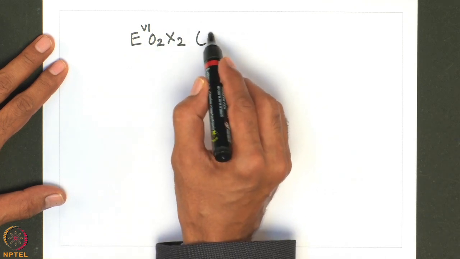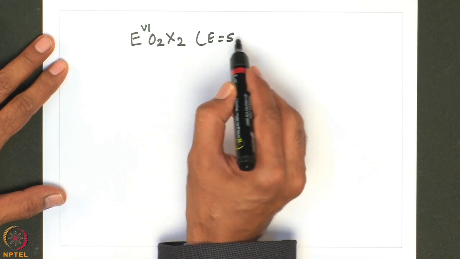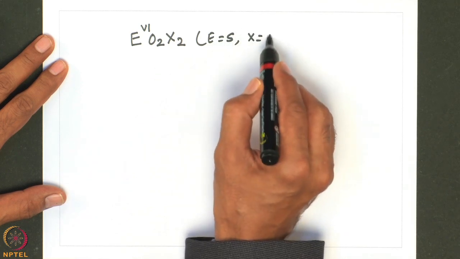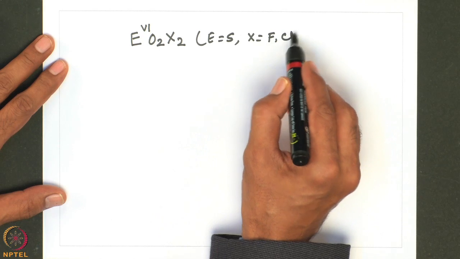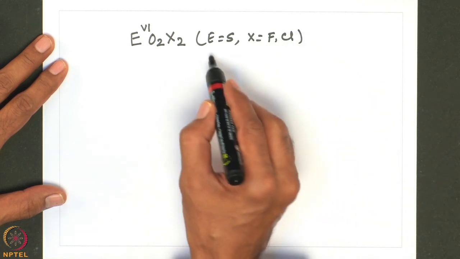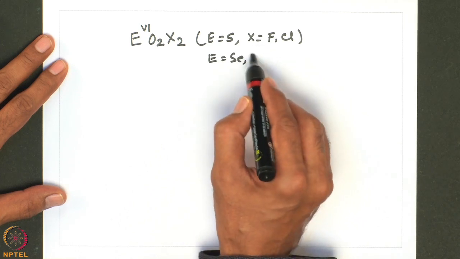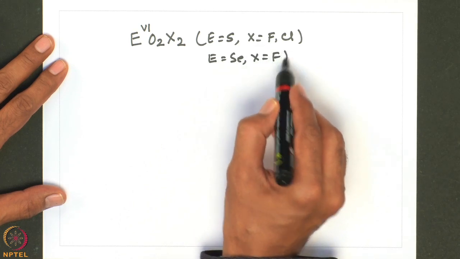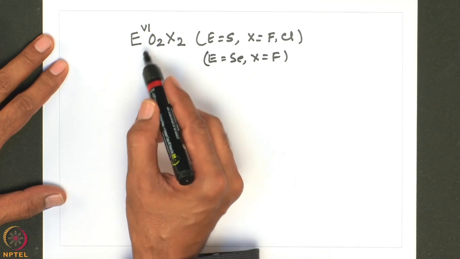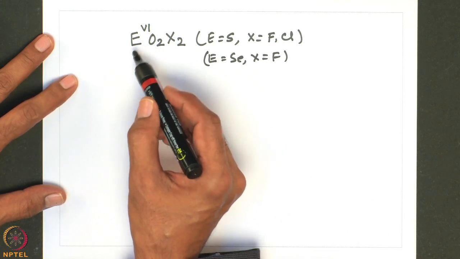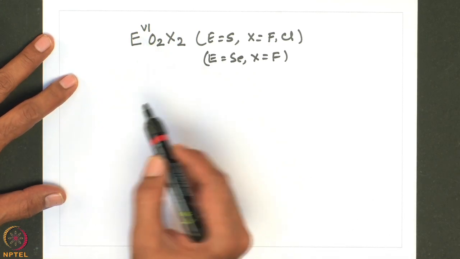where E equals sulfur, X equals F and Cl, and where E equals selenium, this is with chalcogen in its plus 6 oxidation state.